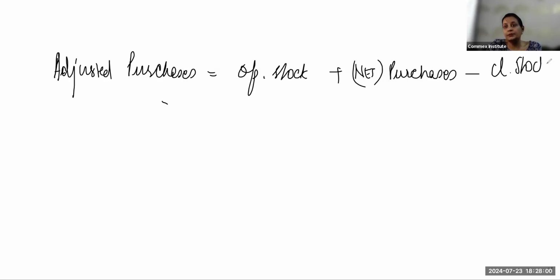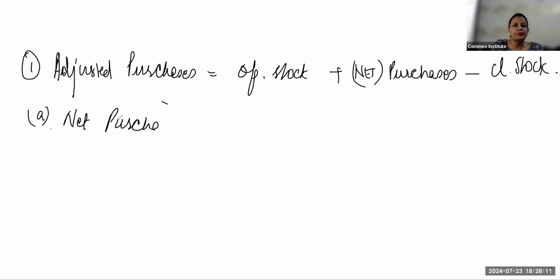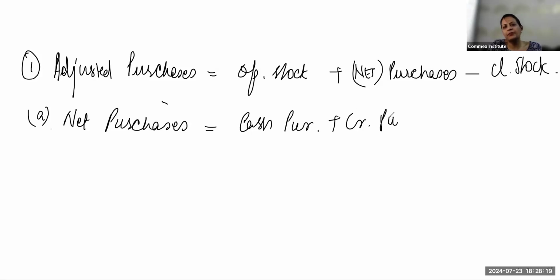Now, what is net purchases? Another formula we'll write. Net purchases is equal to cash purchase plus credit purchase minus purchase return.